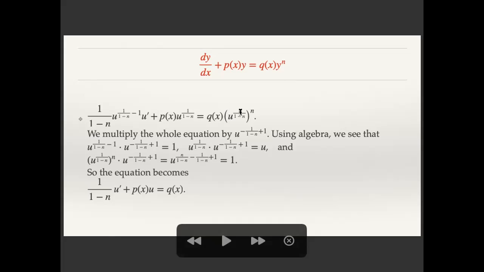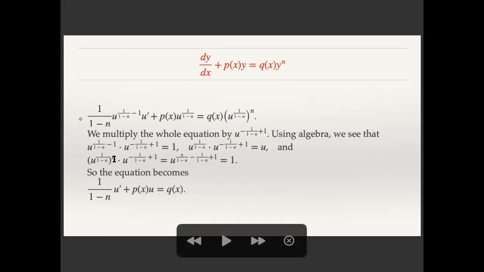And for the third power, u to the power 1 over 1 minus n times u to the power minus 1 over 1 minus n plus 1. So they completely cancel again, because u to the power a raised to the power b is u to the power a times b.